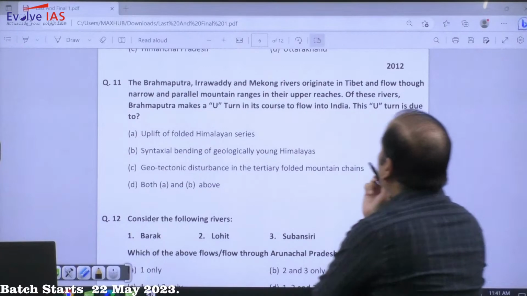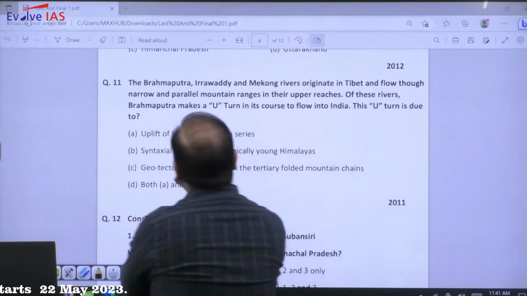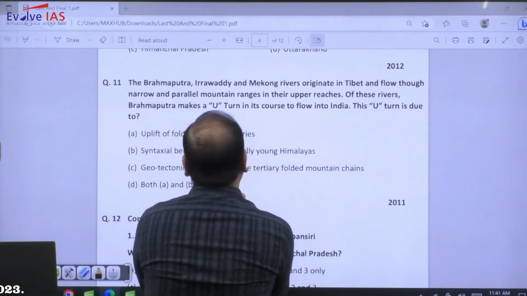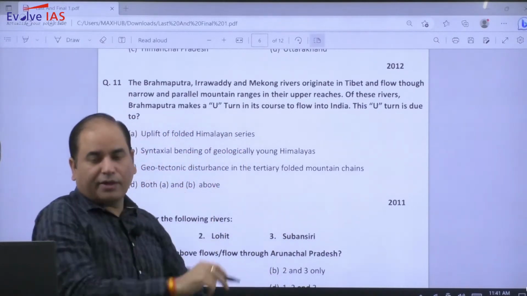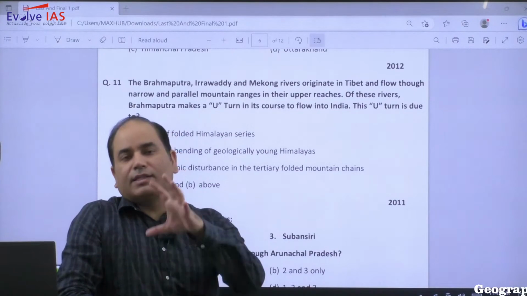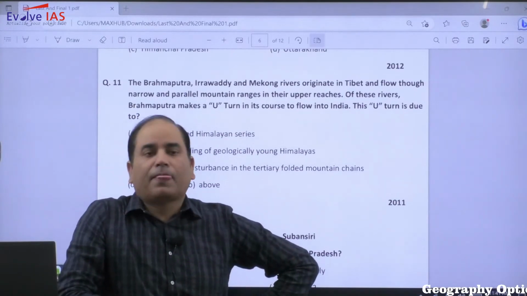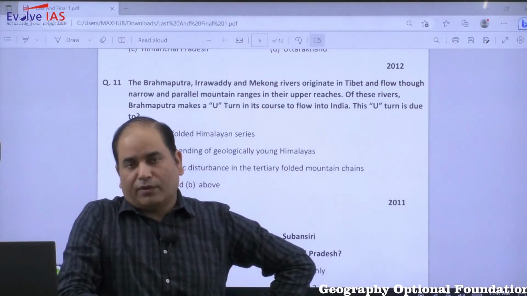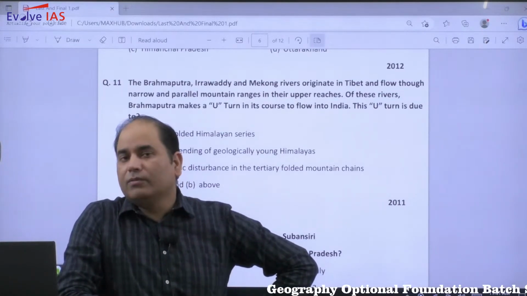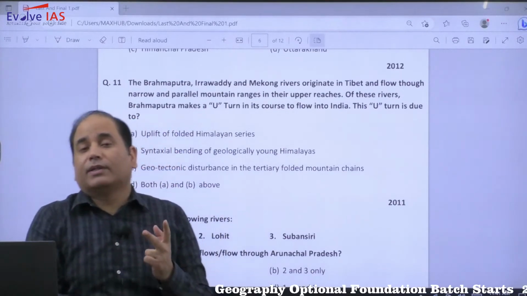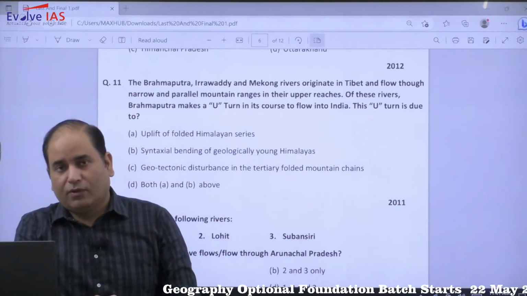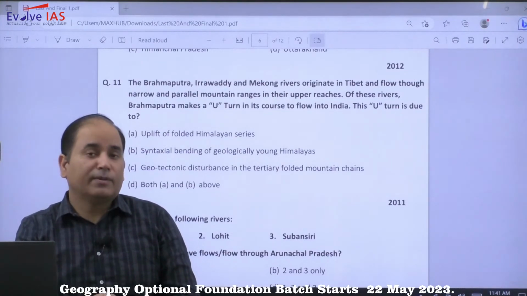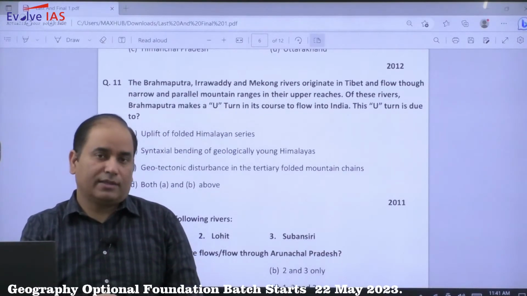2011. Of these rivers, Brahmaputra makes a U-turn in its course to flow into India. This U-turn is due to... Now, if you study the Brahmaputra, it originates from the same place from which two other major rivers of our country originate, that is the Kailash range.